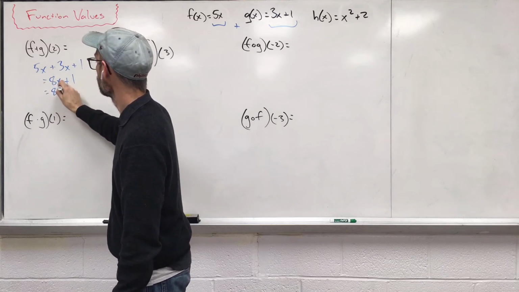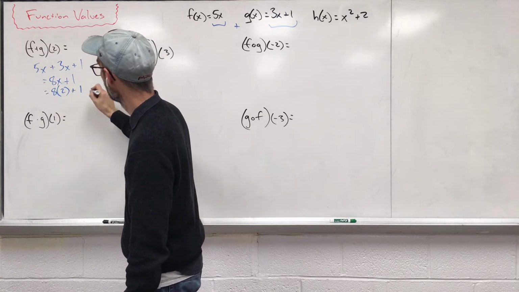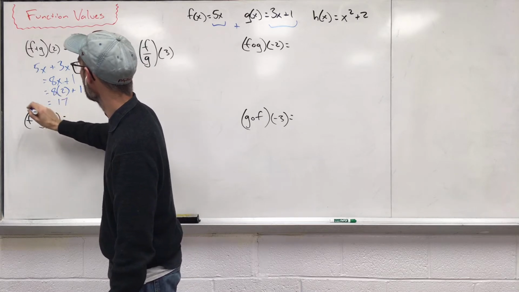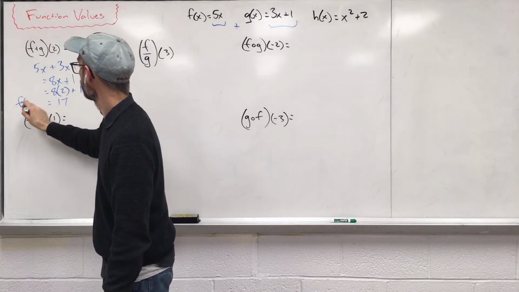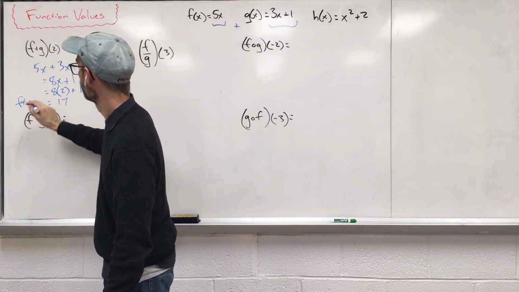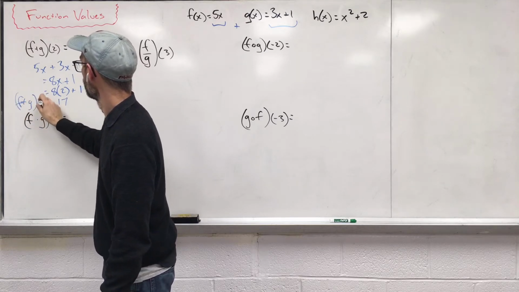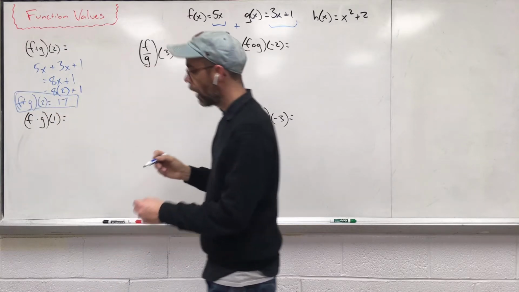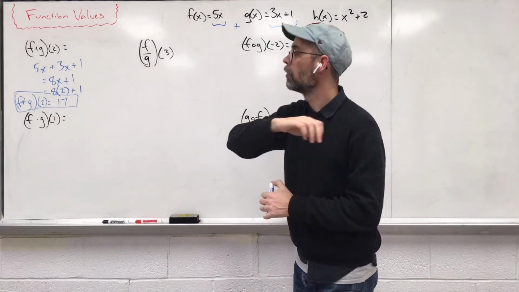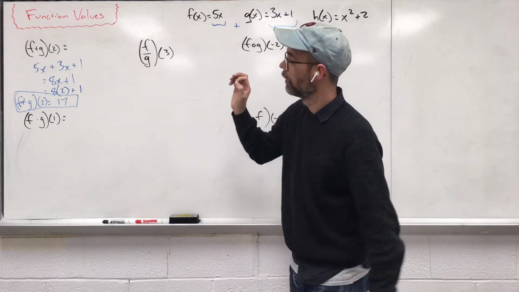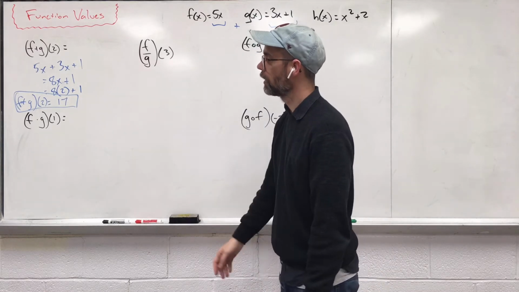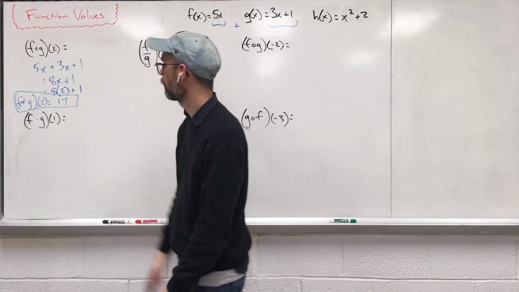So 8 times 2 plus 1 equals 16 plus 1, so 17. f plus g of 2 equals 17. So when I plug 2 into x of f plus g of x, I get 17. I input a 2, I get out 17.